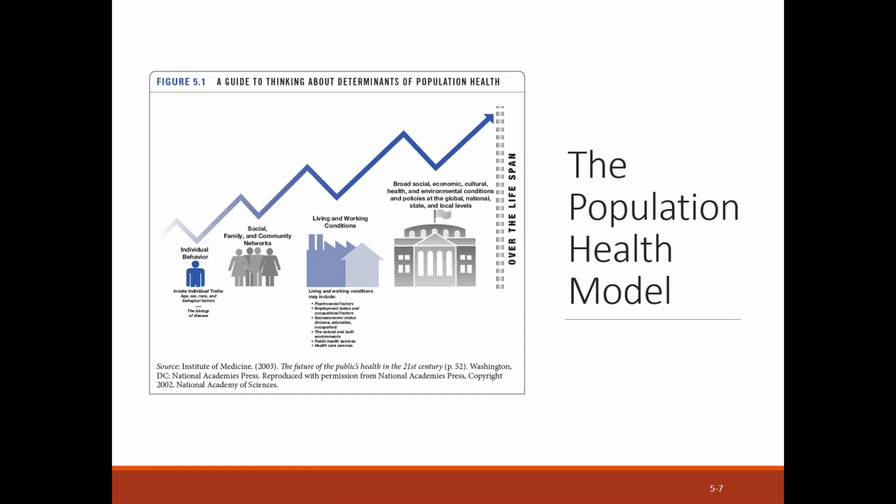As we progress and move up the line, you'll see social, family, and community networks, also living and working conditions, and how those all interplay to look at the broad social, economic, cultural, health, and environmental conditions, and even policies at global, national, state, and local levels that can affect population health over the lifespan. So it's really complicated and detailed factors that affect our health outcomes.